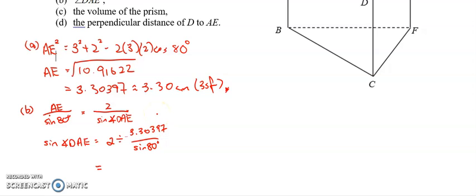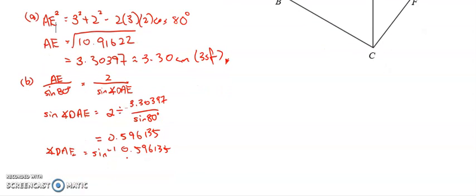If you have saved this exact value in your calculator like I have done, you can make use of the exact value to calculate. So I actually get 0.596135. In order to find the angle DAE, I have to inverse sine this ratio here. So my answer is 36.593.